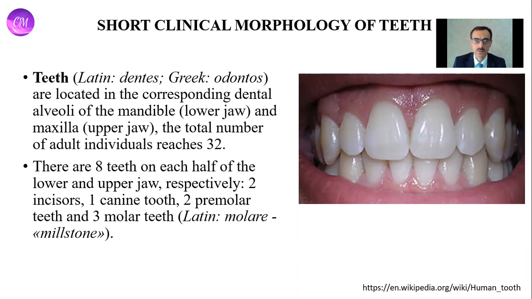And the total number of the teeth in the adults reach 32. So there are 8 teeth on each half of the lower and upper jaw, respectively.